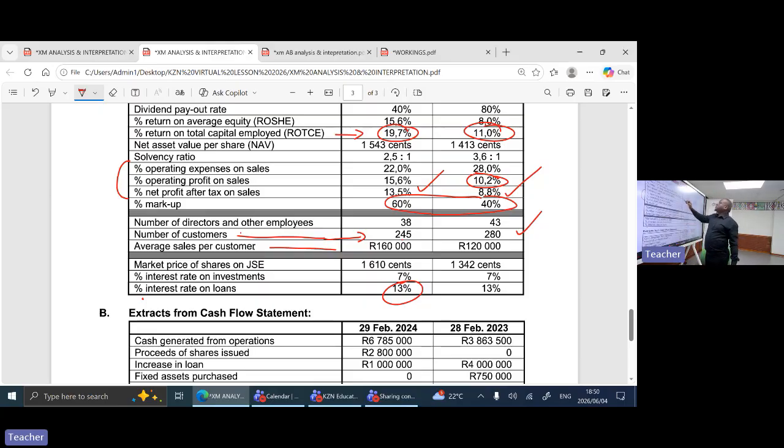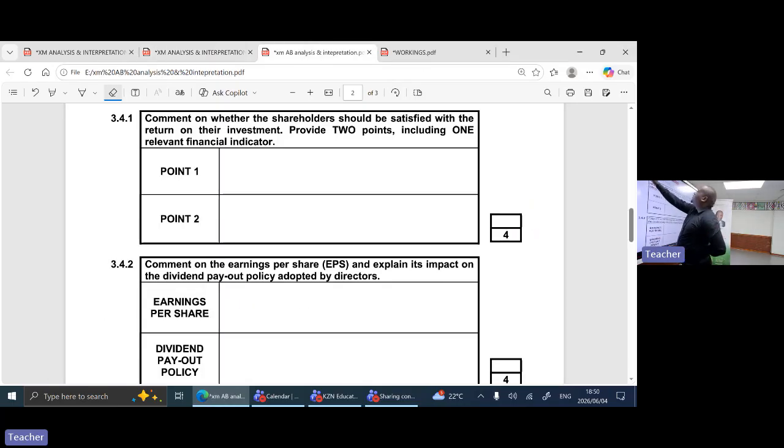Return on shareholders' equity. What happened to our ROSHE? Our ROSHE increased from 8% to 15.6%. Right. ROSHE, siyabhala phana.